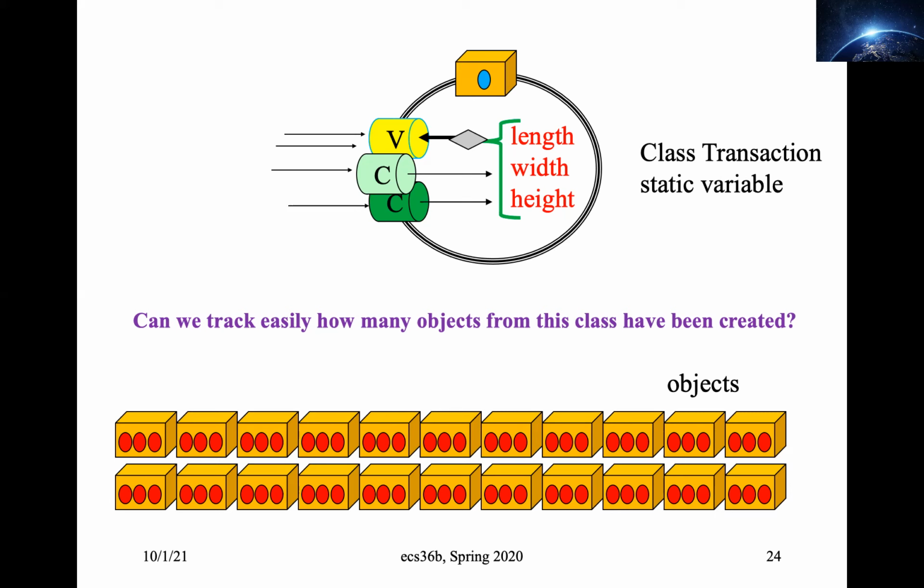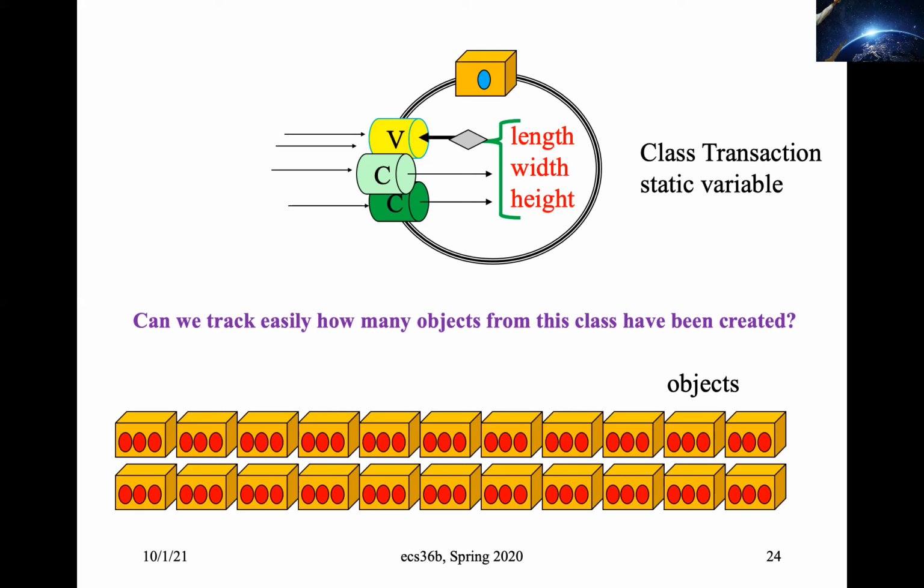The other concept is called a class variable. A class variable is not associated with any of the objects, but with the class. No matter how many objects you create, that one will still be there. That blue dot on the top is a byte, or an integer or a double, whatever you want.